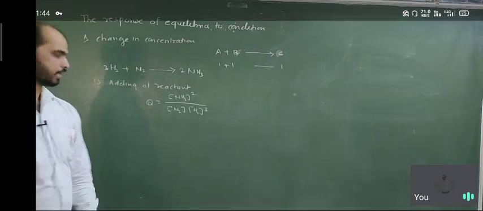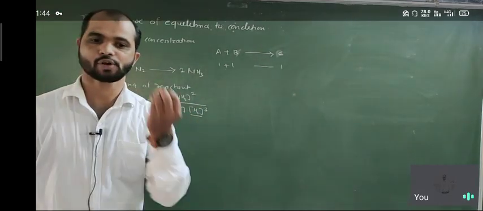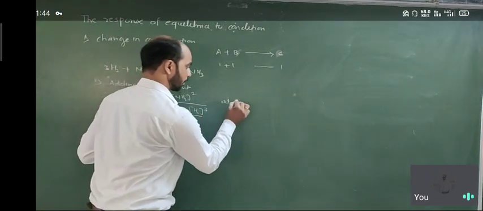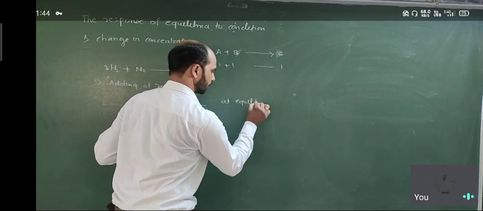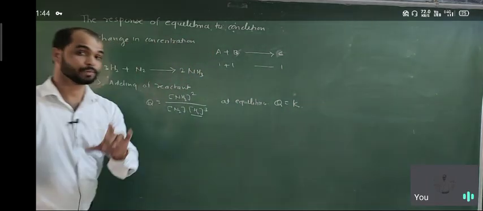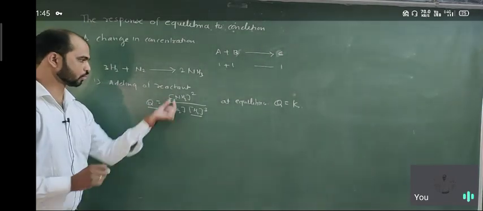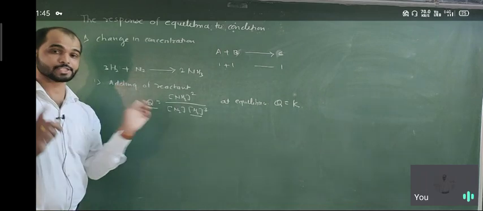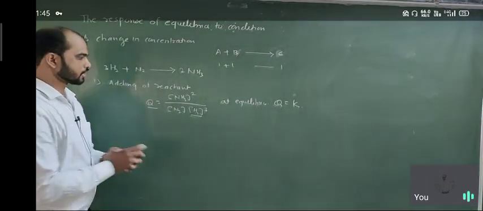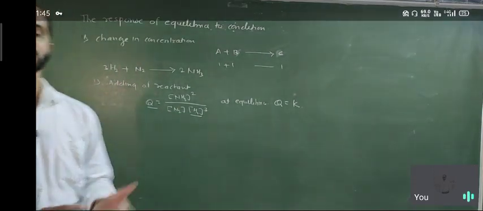Suppose we add more H2. At equilibrium, Q is equal to K, and we can calculate Q using this, the concentration of NH3 at equilibrium. After that, suppose we change the concentration of a reactant, that is, change the concentration of N2 or of H2.